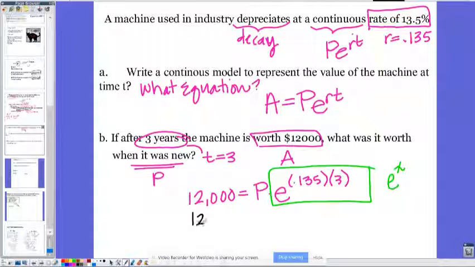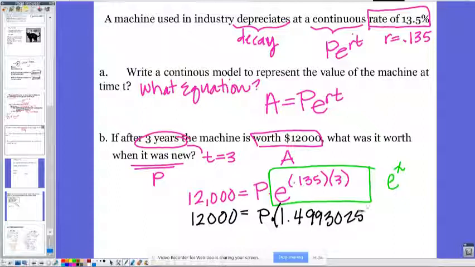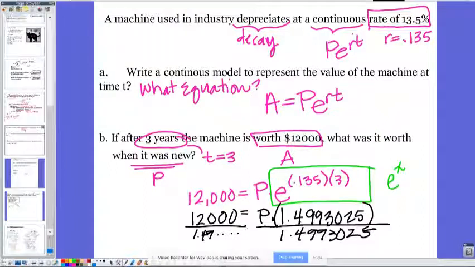So now I have 12,000 equals P times 1.4993025, which is what my calculator gave me. To solve for P now, I just need to divide by this number. So I'm going to do 12,000 and have my calculator divide by the answer that I got.